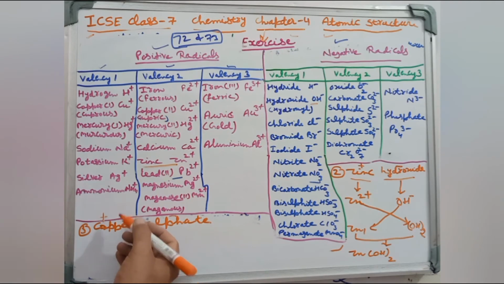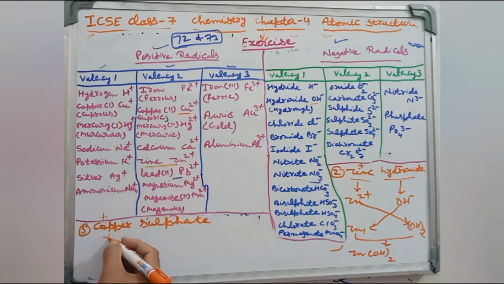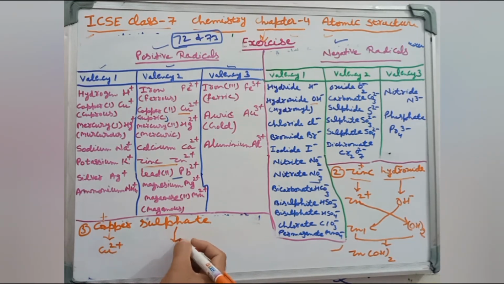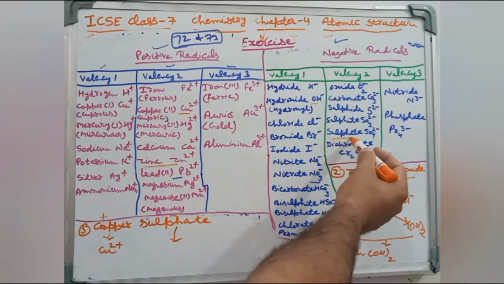We will look for copper in the positive. So here, copper. Here this is copper. We will take Cu2 positive. Sulfate is from the negative radicals. Where is sulfate? Here is sulfate.